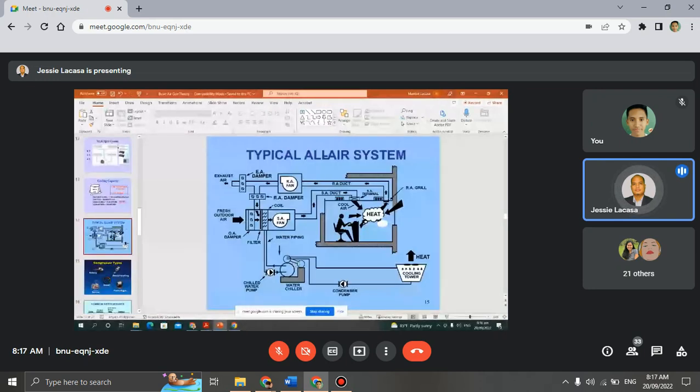The refrigerant is the medium it uses, and its cycle is within the water chiller only: from the evaporator or compressor to the condenser to the expansion valve, going back to the evaporator then the compressor. That cycle is continuous.